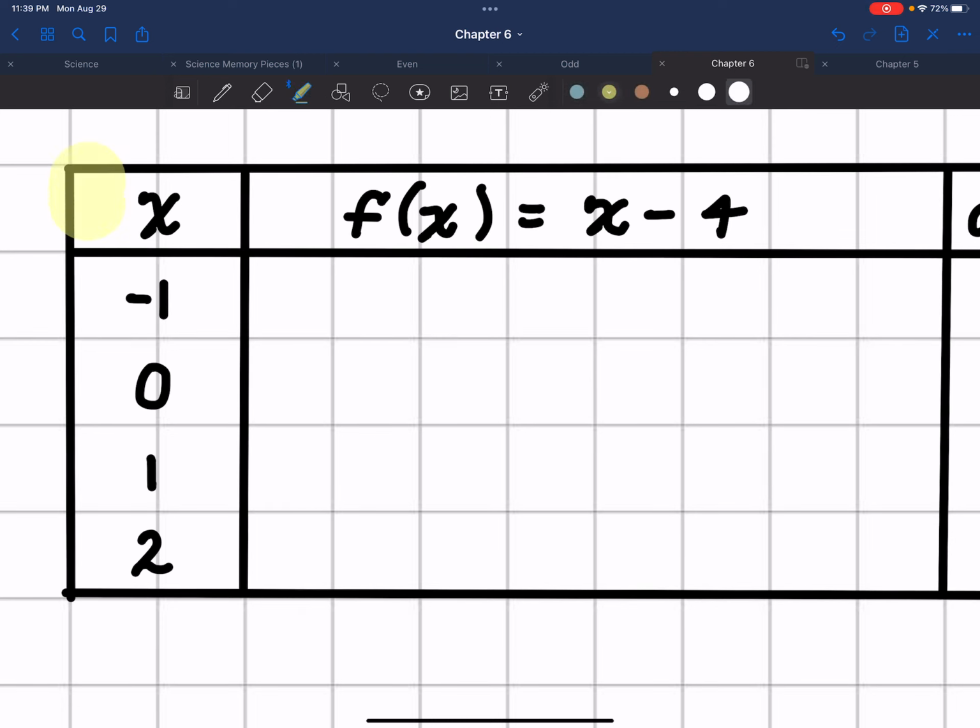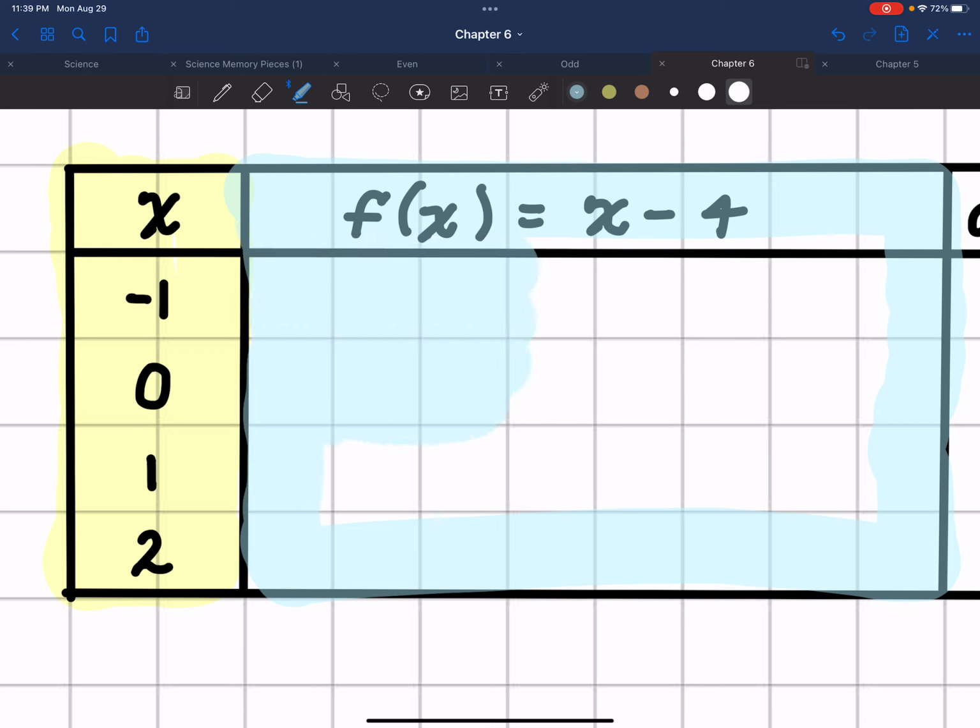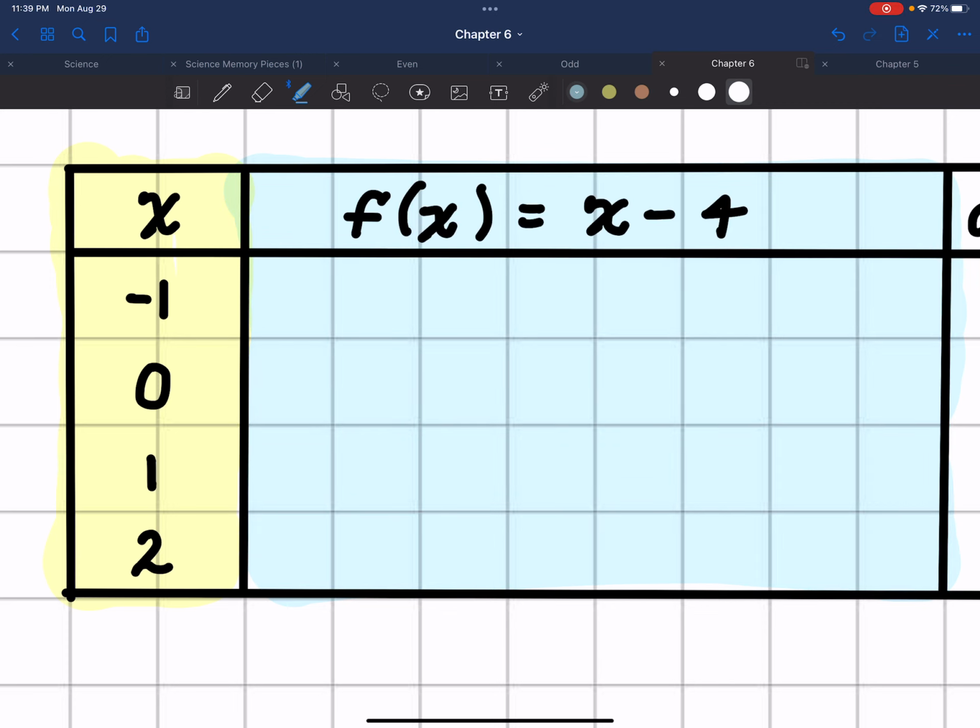I made up the yellows, the green, the x's, and we're going to use those to find the blues. When I was learning these in high school, I just made copies of this. I would make one of these. I did use color, and I would just photocopy it, and then I could just put my function in there, and I could do these all day.